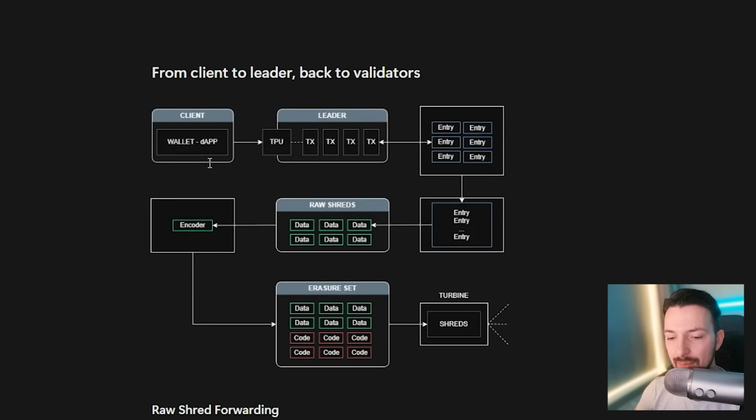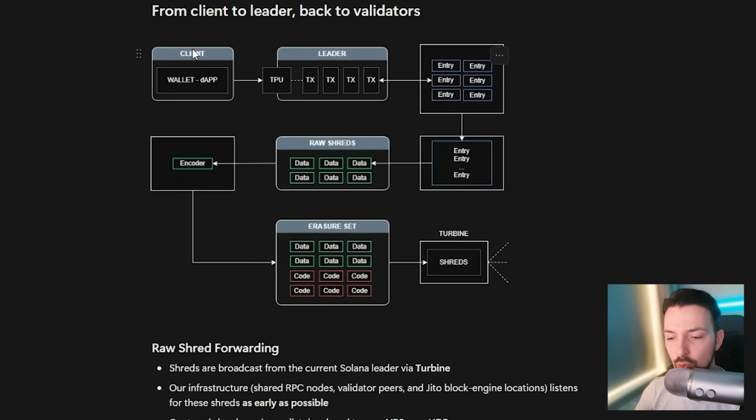Alright, so to recap, we send our transaction to our RPC node, and that RPC node forwards these transactions as QUIC streams or the legacy UDP packets directly to the current leader TPU port. The current leader receives these transactions, processes them, executes them, and bundles them into entries.